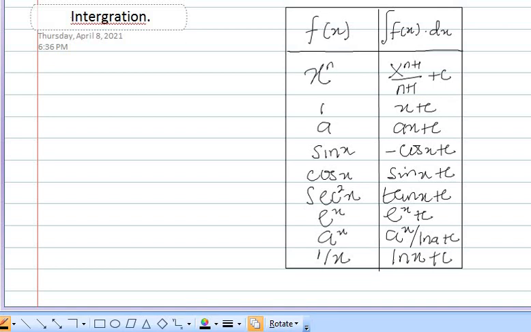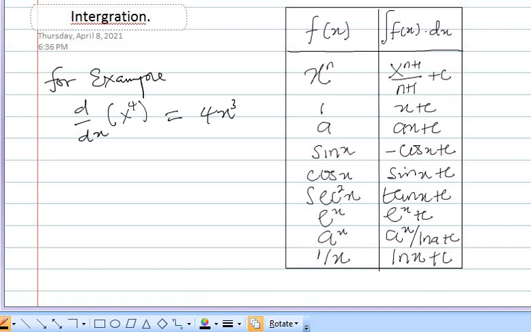So for example, if we have the derivative with respect to x of x raised to the power 4, the differential of this is 4x raised to the power 3.